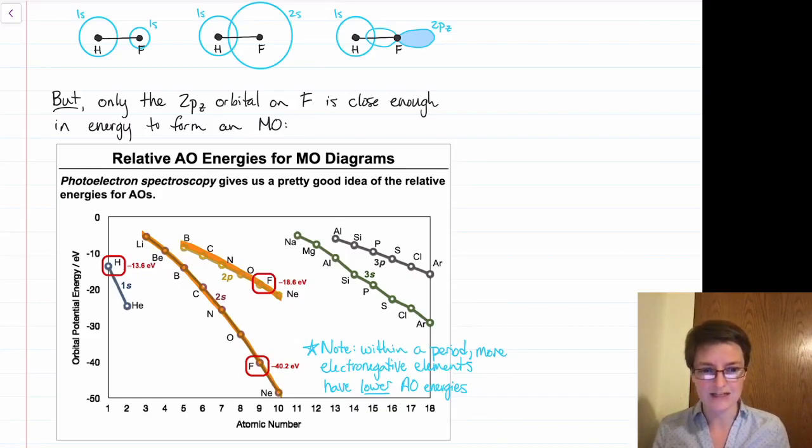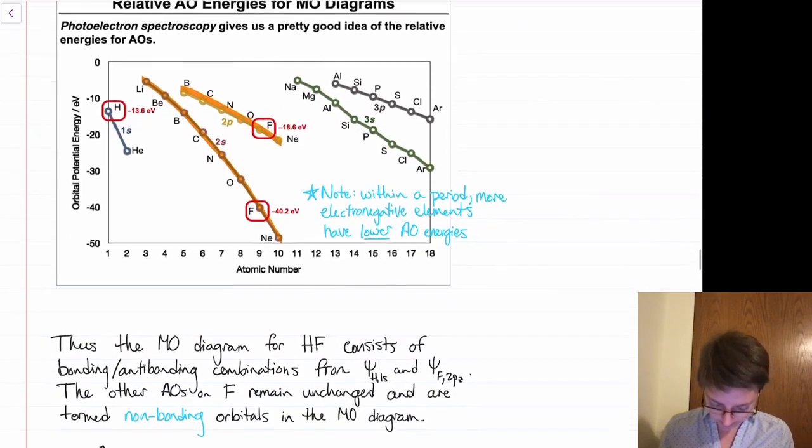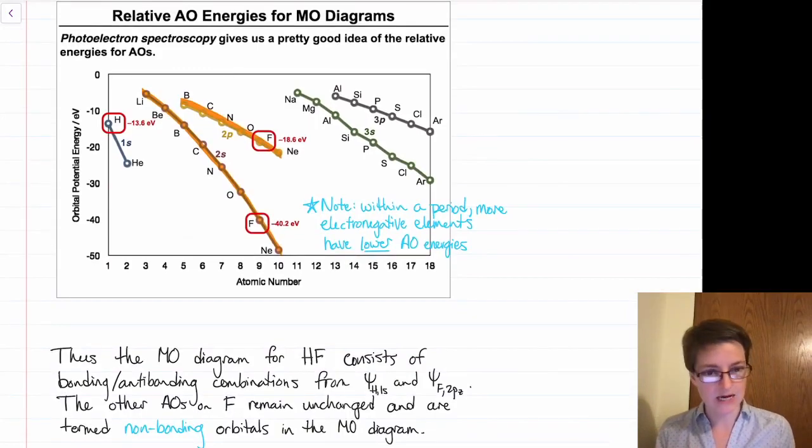Hopefully you can connect that back to an earlier part of our lecture series where we talked about how as you go left to right along the periodic table, Z effective increases, and so the stabilization of these orbitals gets bigger and bigger as there's a more concentrated nuclear charge. To bring things back to our MO diagram for HF, it's the 1s orbital on hydrogen and the 2pz orbital on fluorine that have the best energy compatibility to form an MO. And so that's how we're going to construct our MO diagram.